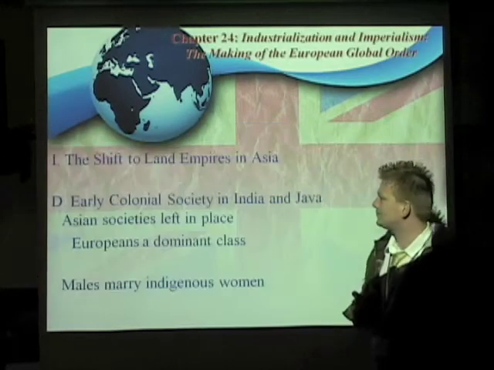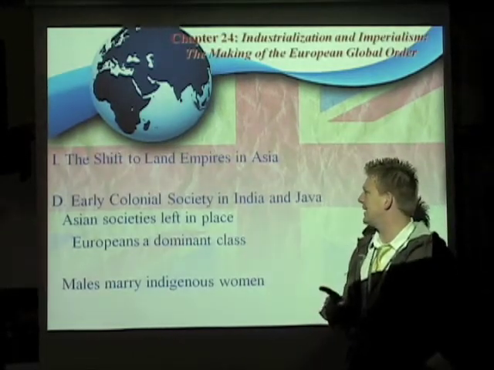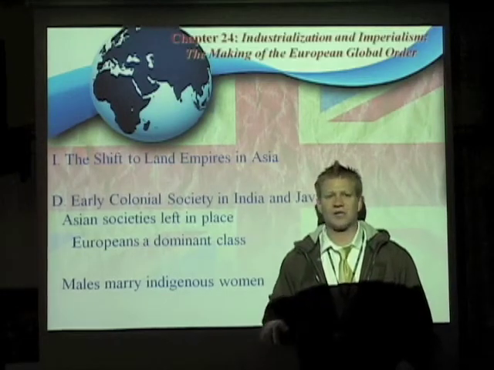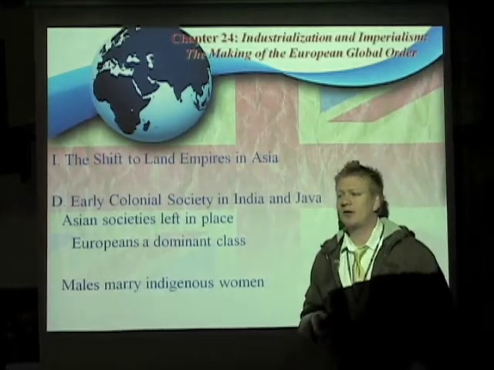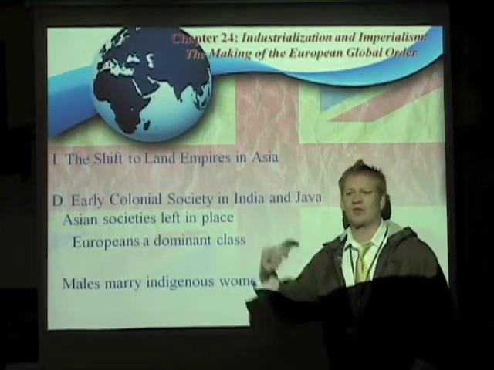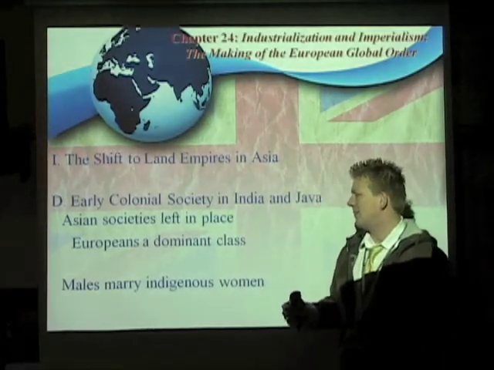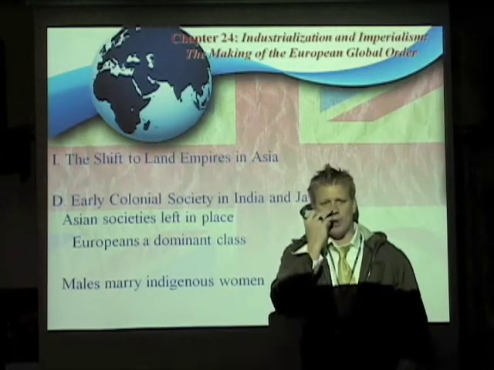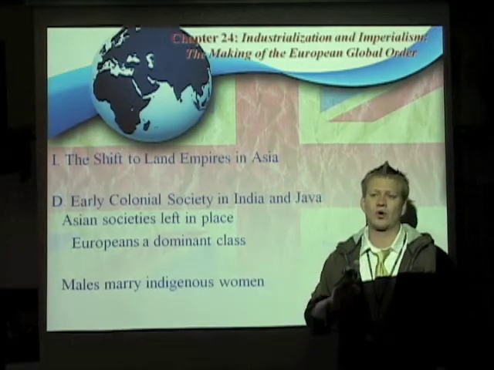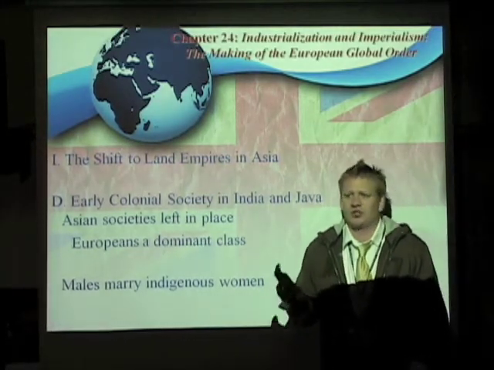The British Empire. Earlier colonial society in India and Java, originally there was a lot of interaction. The social order, except for the fact that the Europeans would put themselves on top, predominantly stayed the same. And you'll see males marrying the indigenous women. You'll have a mixed race that's going to occur. A lot of men going to brothels, prostitution.